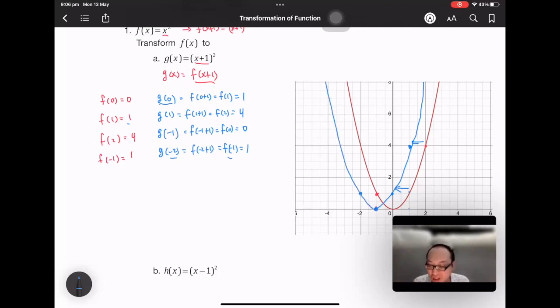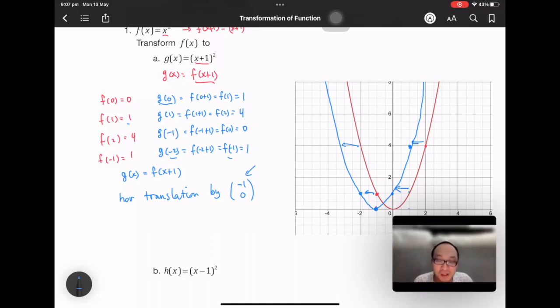So you will see that all the coordinates are shifted to the left. So g(x) = f(x + 1) is a horizontal translation by the vector (-1, 0). In the vector, we write negative for the left side and positive for the right side.